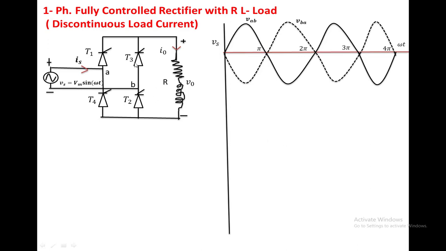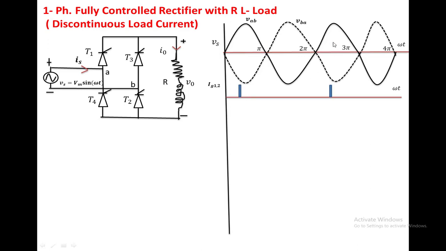Next we are going to see the triggering pulses applied to T1, T2 as well as T3, T4. We apply the triggering voltage to the SCR only when it is forward biased. From 0 to pi, the VAB voltage is positive, nothing but A is positive with respect to B. With that polarity T1, T2 is forward biased, so we apply the triggering voltage to T1, T2 with a delay angle alpha.